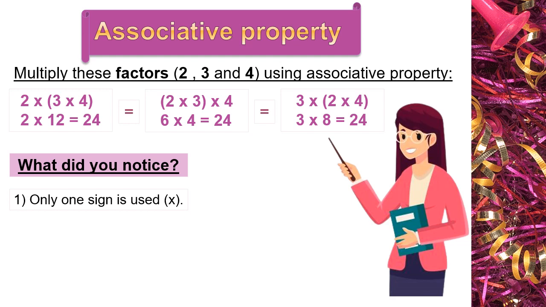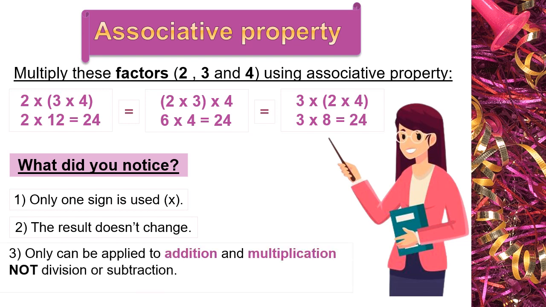So only one sign is used. The second note, the result doesn't change. Here the result in the first way was 24, and the product in second 24, and product in third 24. So remember, when I change the order, the product will not change.